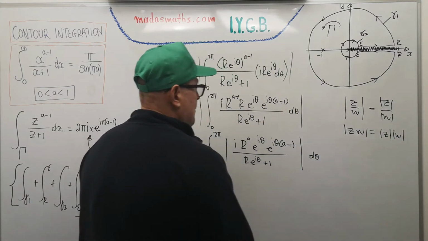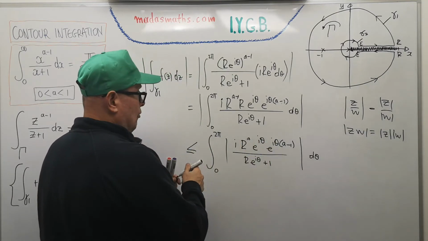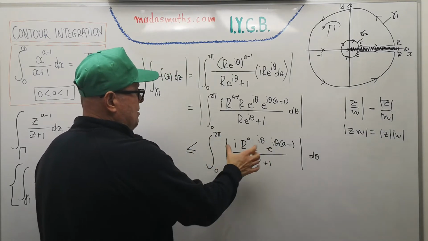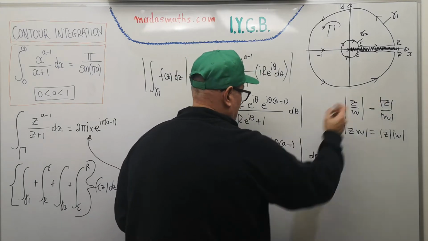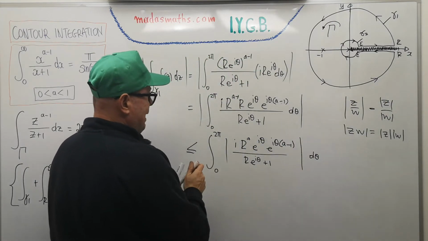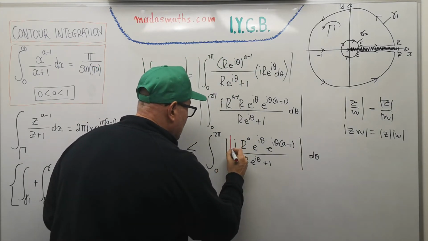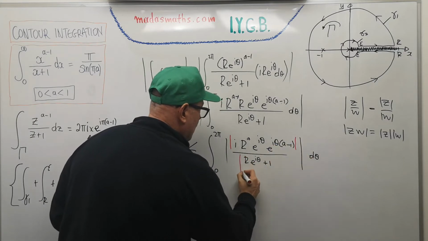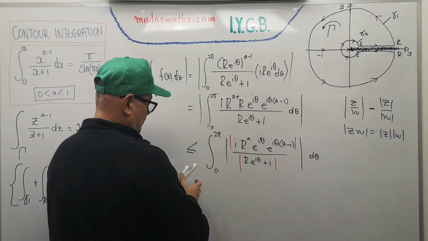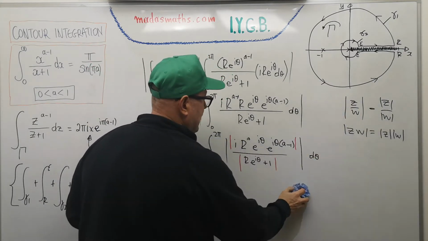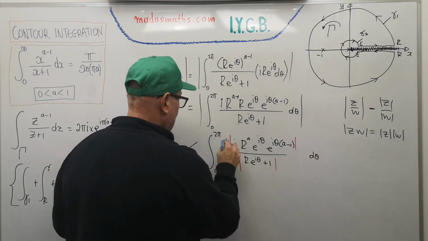So I'm going to do it here. I'm not going to keep rubbing off. So we have the moduli on a fraction like this, so I'm going to use red pen, I can actually do that separately on the top and separately on the bottom. So that's using this result here, which is fairly obvious, I like to think.